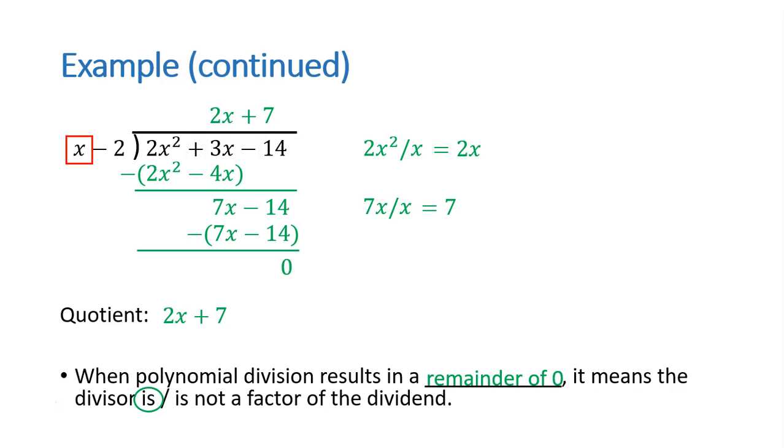So if we didn't know how to factor 2x squared plus 3x minus 14, we just showed that we can divide in x minus 2 evenly. It leaves us with a particular quotient, and so those two binomials, x minus 2 and 2x plus 7, give us our factorization for our quadratic.